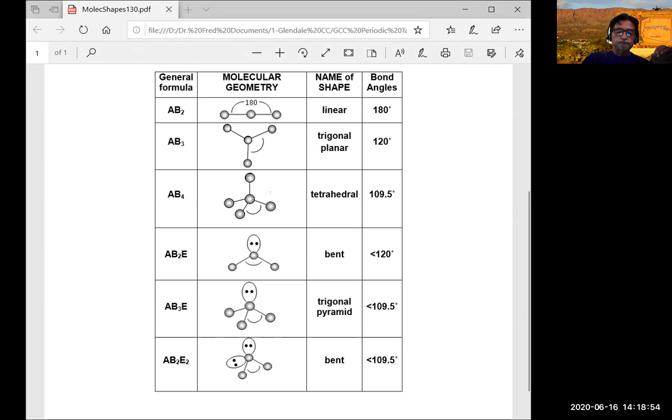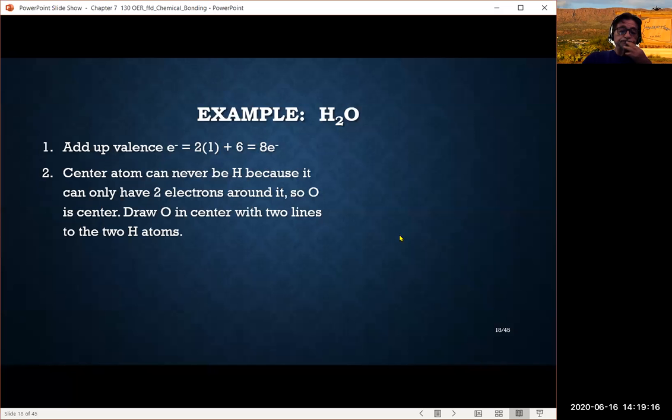So let's go back. So we identified the molecule of water to have the general formula AB2E2. There's the molecular geometry, the shape it has is called bent, and that bond angle is much less than 109.5. So let's go back to where we had.